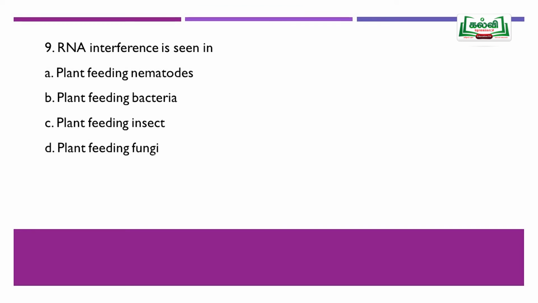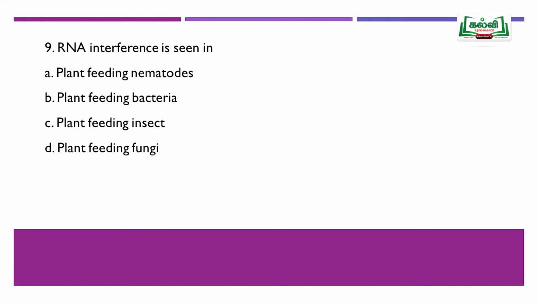The next one: RNA interference is seen in. The four options were given. So, in which organism is this RNA interference seen? Plant feeding nematodes, plant feeding bacteria, plant feeding insect, plant feeding fungi. We discussed previously, the nematode, whenever it goes and feeds on the plant cell, what will happen?